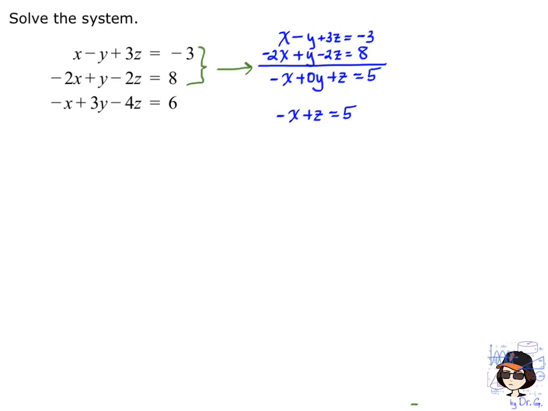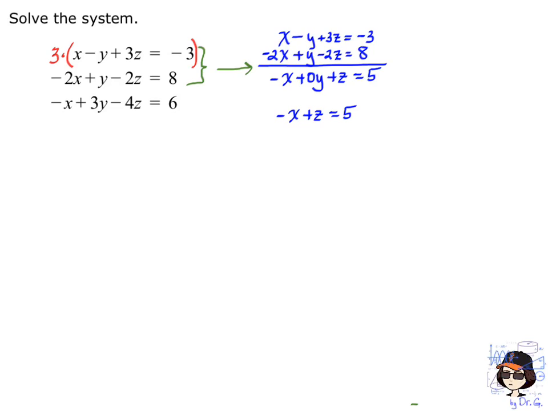We don't want to eliminate x, we don't want to eliminate z, we need to eliminate y, so we'll have two equations in the same two variables. It looks like if I take the first equation and multiply it by 3, I'll be able to add that to the last equation and also get rid of the y variable.